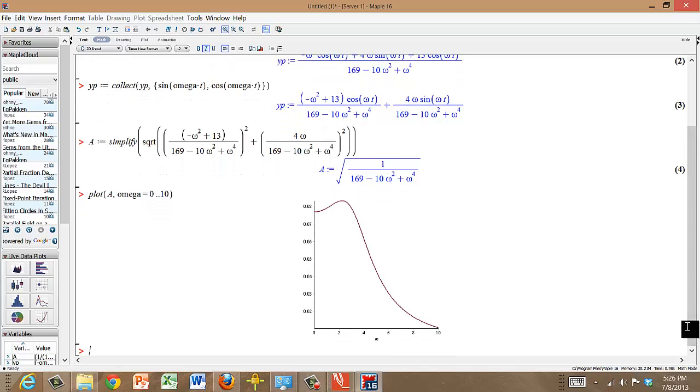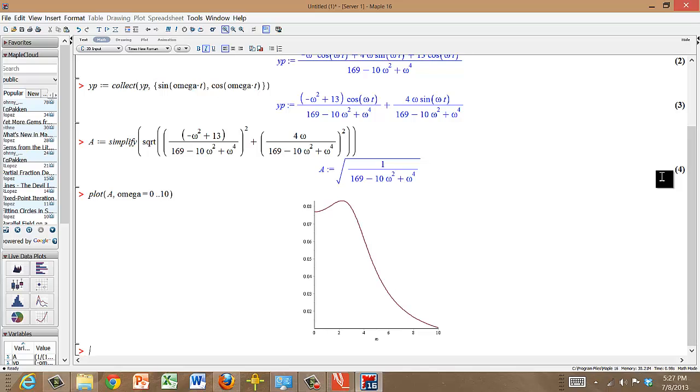And we can see that right around here, right above 2, there is a maximum. So there is a driving frequency that gives us the biggest possible amplitude of oscillation. You could find it graphically, it's just above 2, but we can also find it analytically. We have a function of one variable, omega, and it tells us the amplitude of the response.